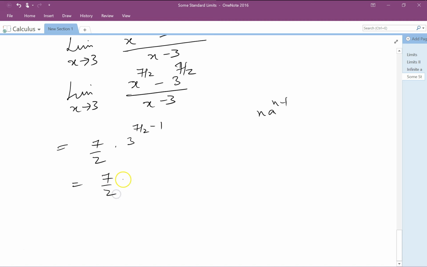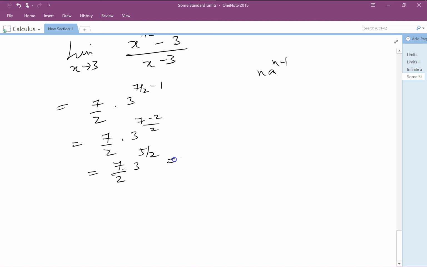So 7 by 2 times 3 to the power of 2 is 7 minus 2 by 3 to the power of 5 by 2. Now this can be written as 7 by 2 times 3 to the power of 5 by 2. Now here four of the 3's can be taken out as part of the square root.